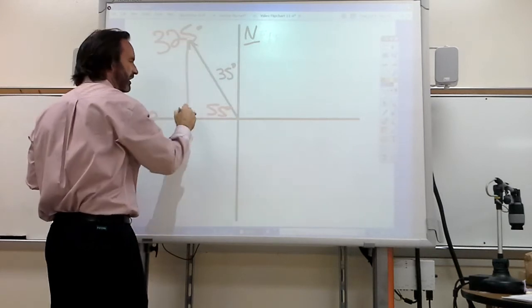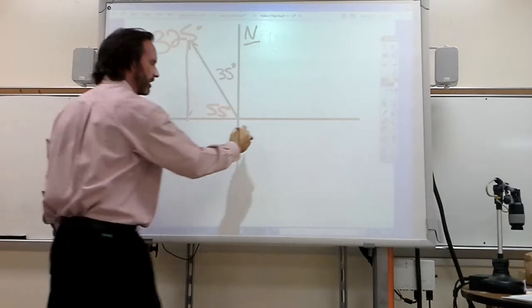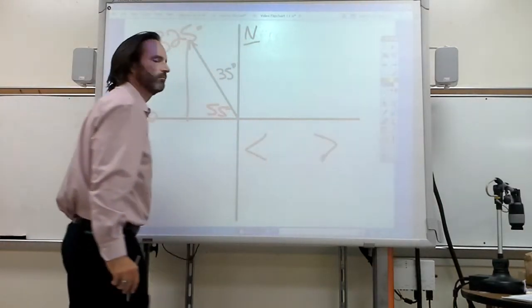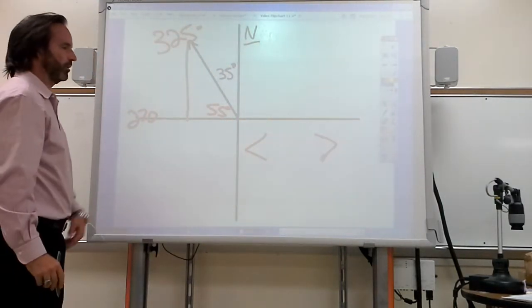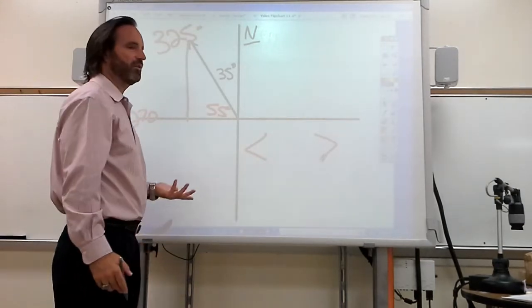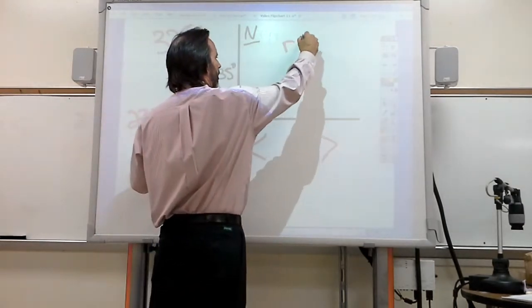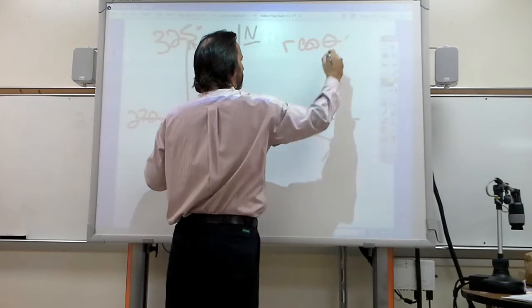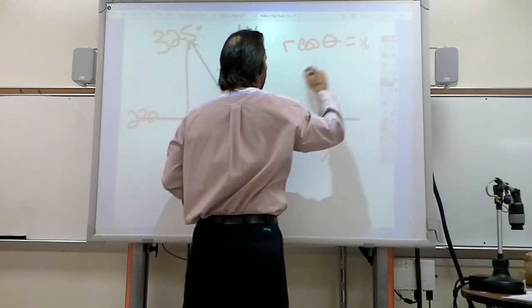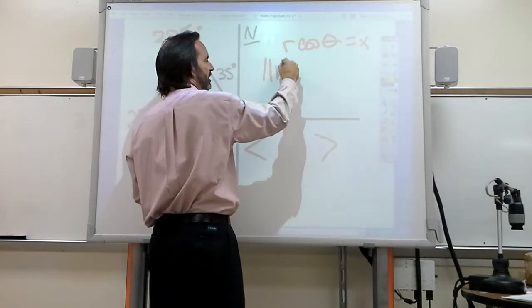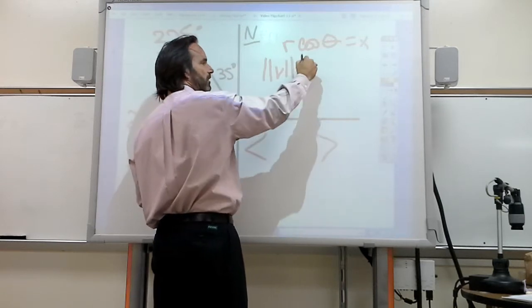That's important because now I can make a triangle and I can express this in component form. Remember, r cosine theta is x. It's really the same thing, the magnitude of our vector is the radius.